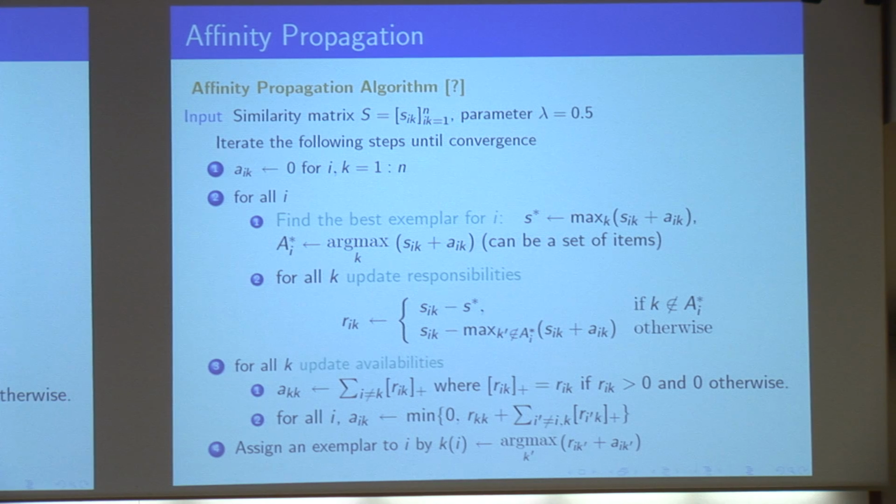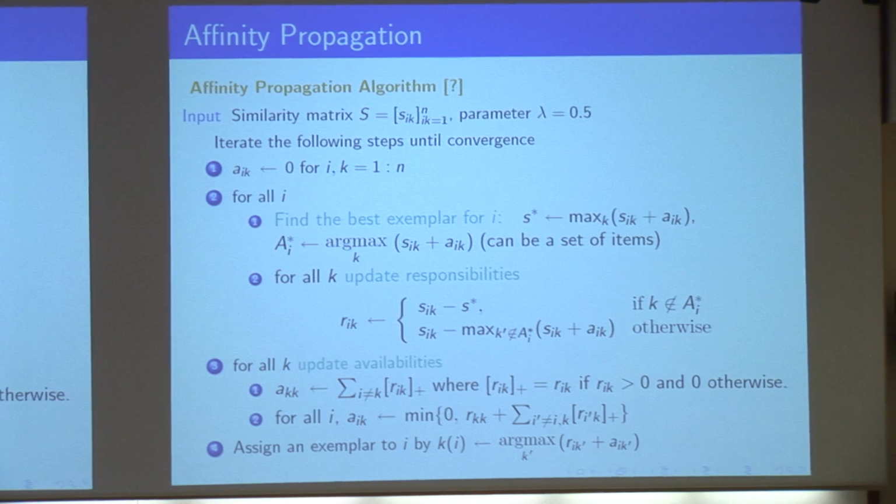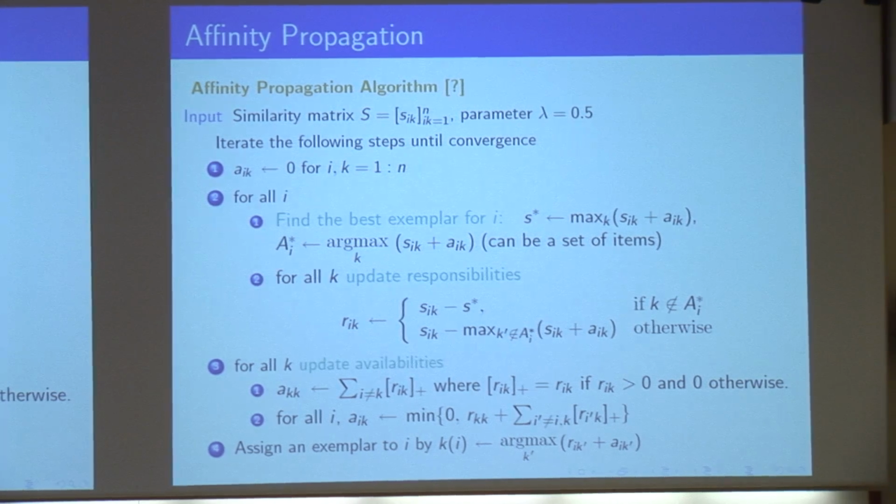I start by setting the popularities to 0, and then I do the following. Something that you are used to by now: I update the popularities, which means assignments, and then I update the responsibilities, which means the likelihoods.